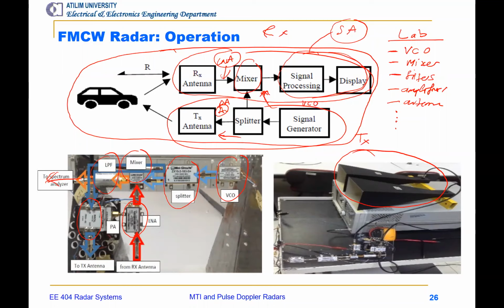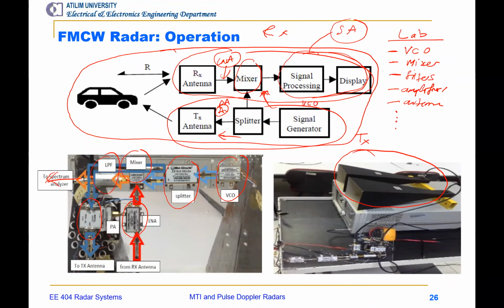Okay, in the laboratory, after next week, you will build the transmitting section and then the receiving section. Finally, you will build the full radar system in the laboratory and do some tests with a metallic object. Typically, we use a metal plate of 1 meter squared or less in order to see the range or the beat frequency clearly and check the range of the radar in the laboratory.